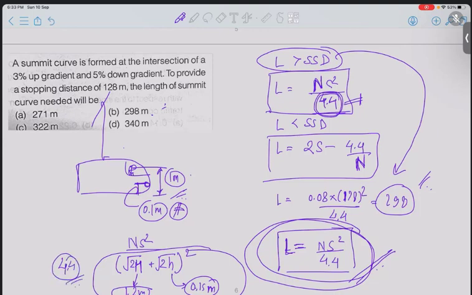But in this case, you will get root 2 plus, I think, 0.2 square. So this will be different from 4.4 and your answer will vary. Okay, just something to note.